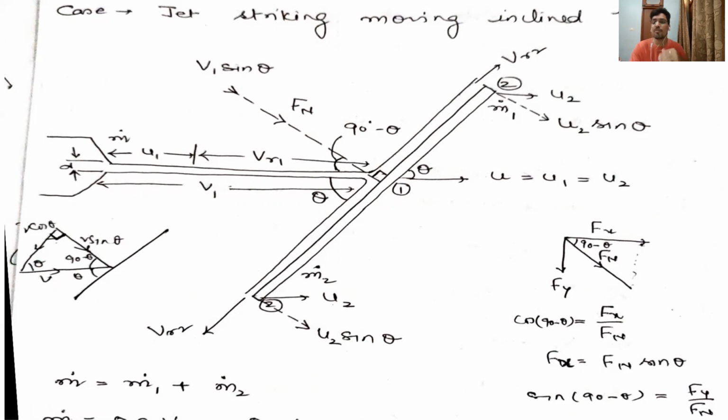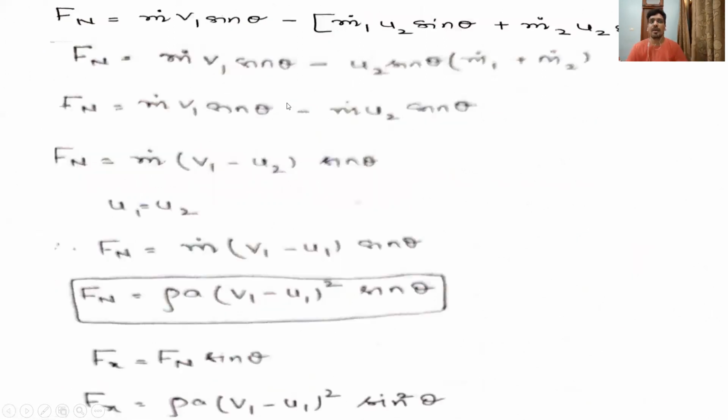So first of all, we have to calculate the force component in the normal direction. So Fn equals initial momentum in normal direction minus final momentum.